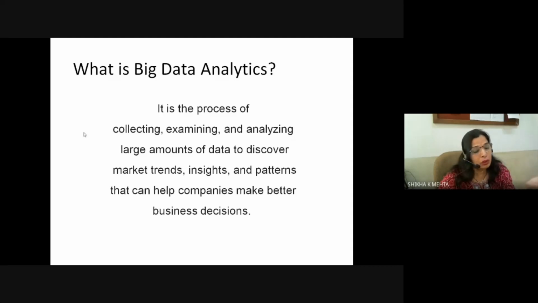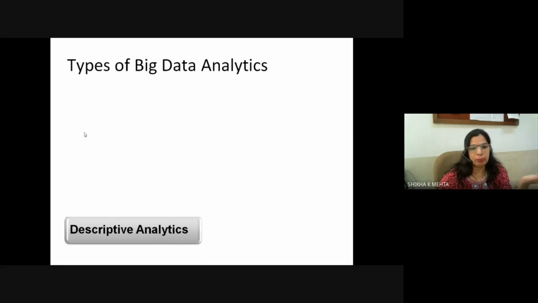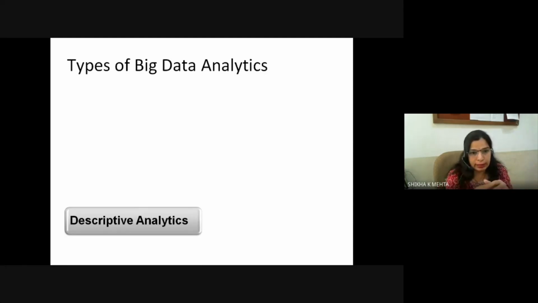Depending upon the goals of the business, the analytics can be categorized into different types. Let us understand the various types of big data analytics. Descriptive analytics is used to answer what has happened.